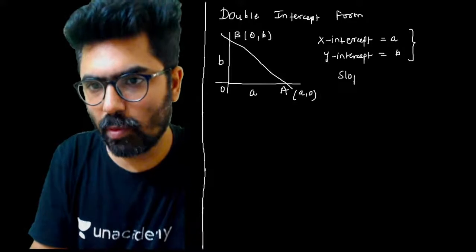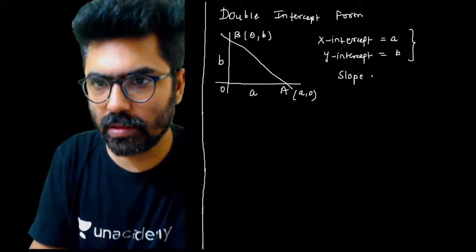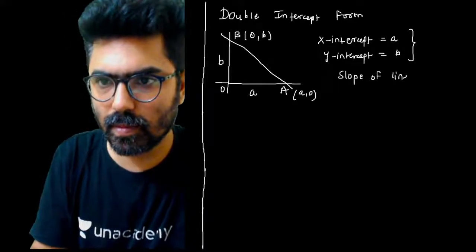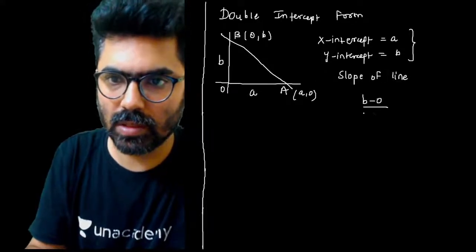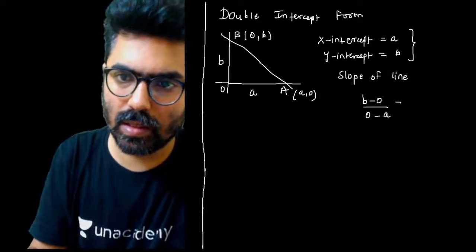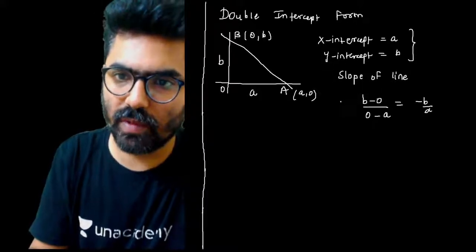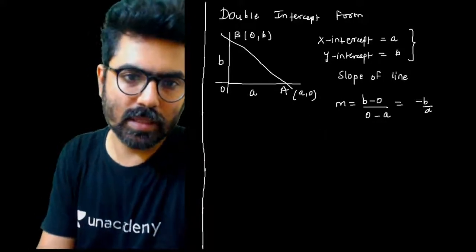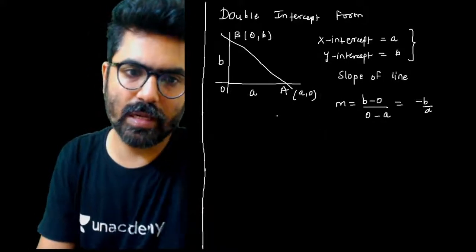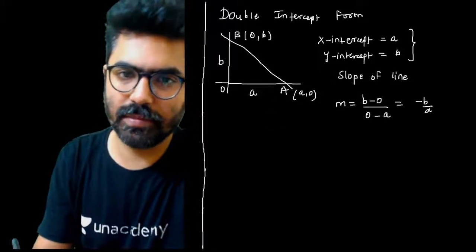Hence, let's find the slope of the line when the 2 points are already there. It is b minus 0 upon 0 minus a. It comes to be minus b by a. This is the slope of the line, given that a is the x-intercept, b is the y-intercept.